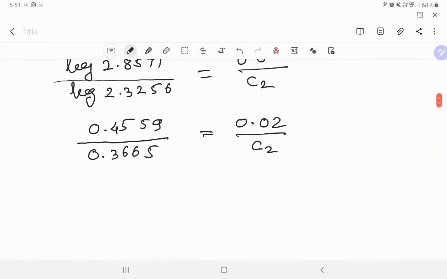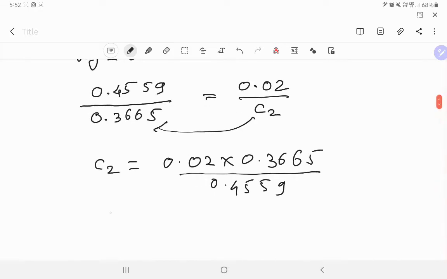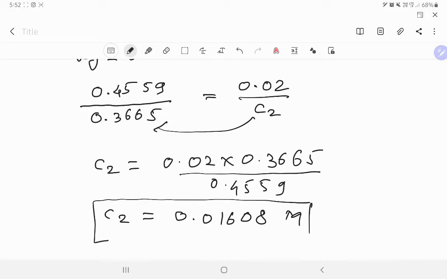You can determine here C2. Therefore, C2 is equal to, take this C2 to this side and all this to this side, 0.02 into 0.3665 divided by 0.4559. Therefore, C2 will be 0.01608 molar.